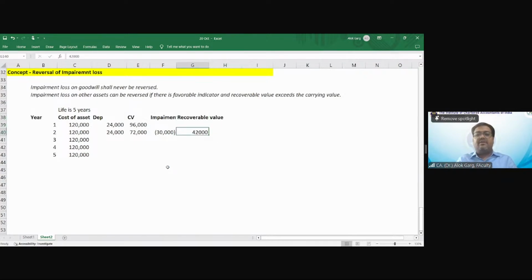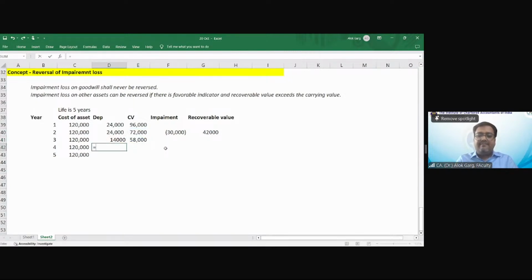Now, what is the depreciation in the third year? The revised carrying value is 42,000 divided by the remaining life of 3 years, so 14,000.